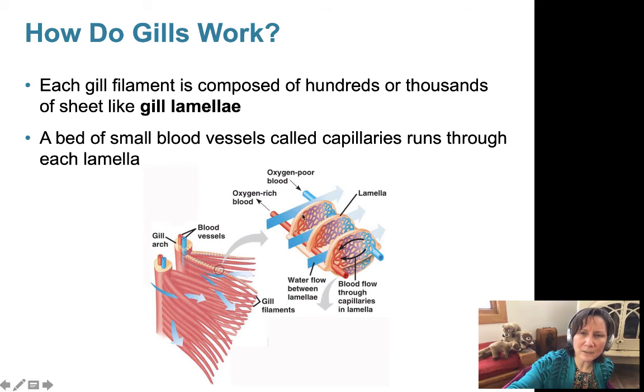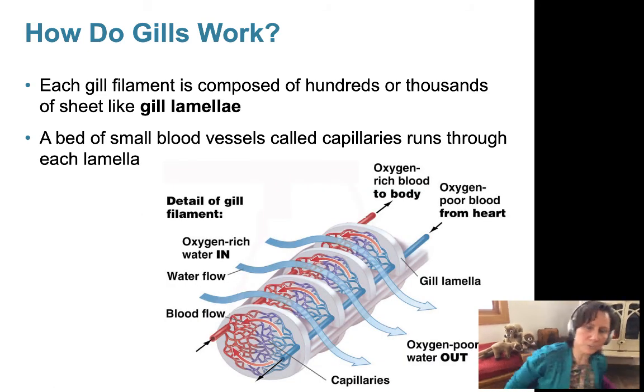Let's take a little bit closer look at what's happening with partial pressures here. Let's draw this together with that partial pressure discussion. Okay, so here's what's happening. So here's the gill lamellae. And notice, traditionally, usually we indicate blue when it's oxygen poor and red when it's oxygen rich, okay?